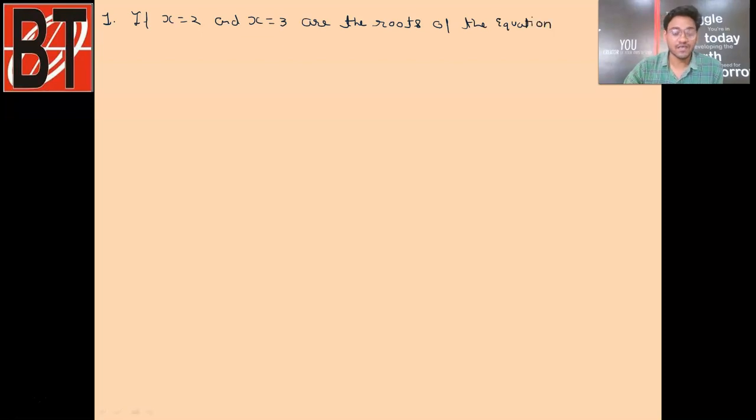The equation is 3x square minus 2mx plus 2n is equal to 0. This is the quadratic equation. Then find the values of m and n.